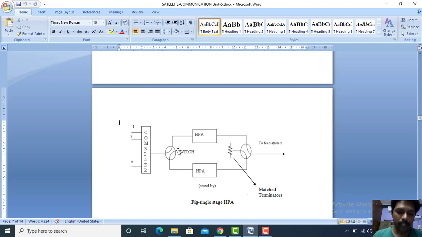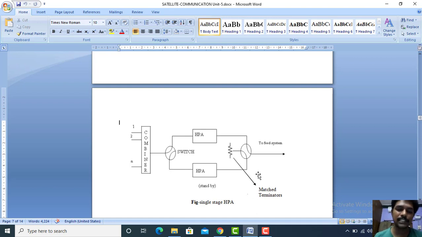When we switch to one power amplifier, it feeds the signals to the system, and at the same time the variable resistance operates and matches the terminators in such a way that any one amplifier is operated.